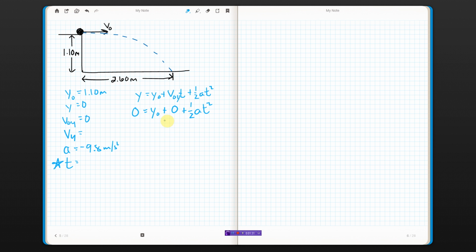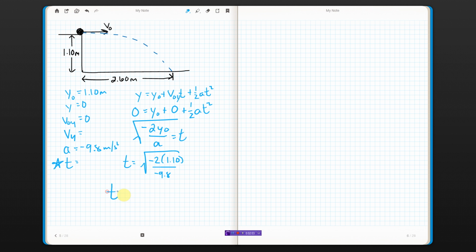Okay. If we solve that for t, what we get is negative 2y naught, so I move this over here, multiply by 2, over a equals t squared, and then I'm going to square root everything, and I get t is the square root of negative 2 times 1.1 meters over negative 9.8 meters per second squared.